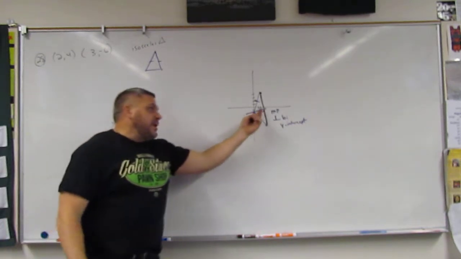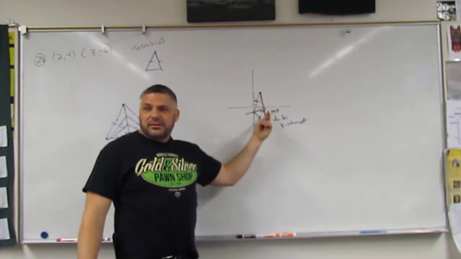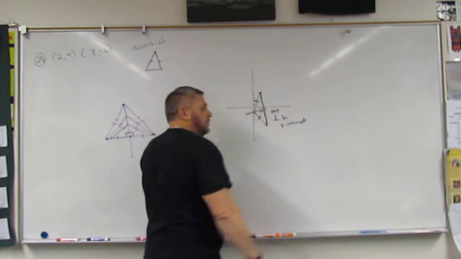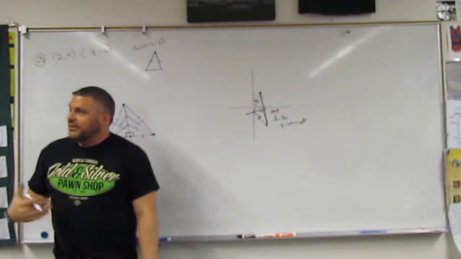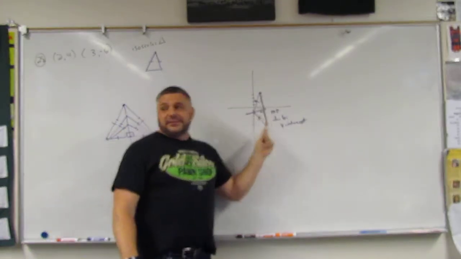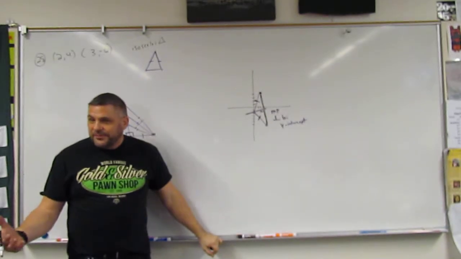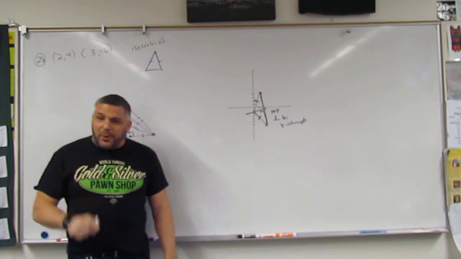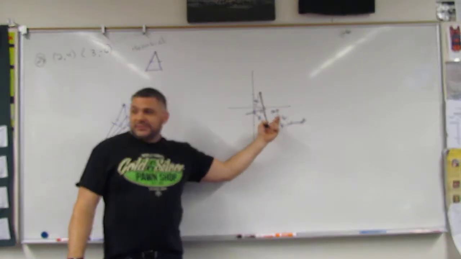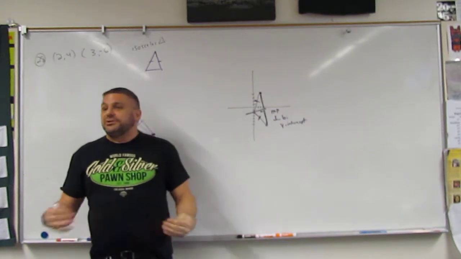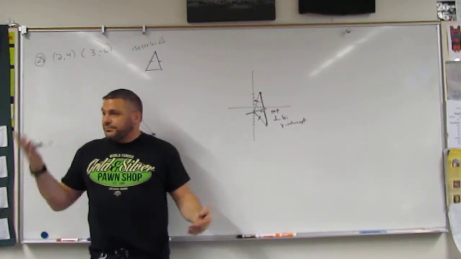Well, the midpoint is a bisector, so all we need to do is find a line that's perpendicular, and it becomes a perpendicular bisector, as long as it goes through that point, the midpoint. So as long as you find the perpendicular line to the midpoint of the original line, then you found your perpendicular bisector, right?